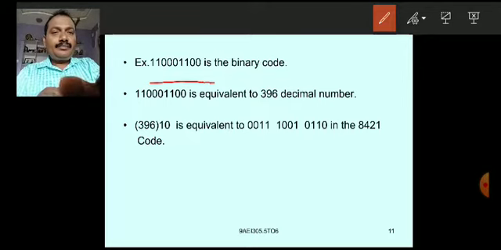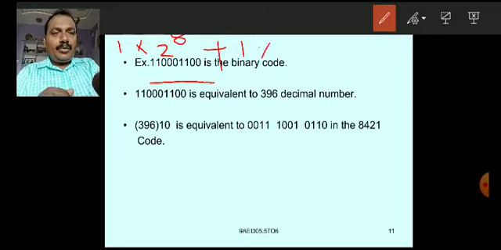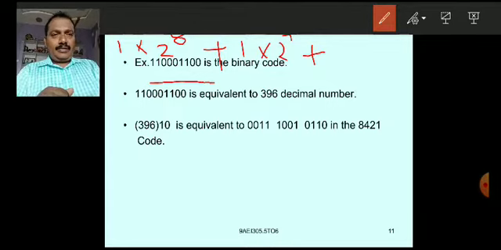That means 1 into 2 power 8, plus 1 into 2 power 7, plus 0 into 2 power 6, which will become 0.